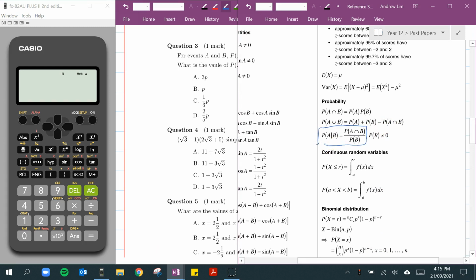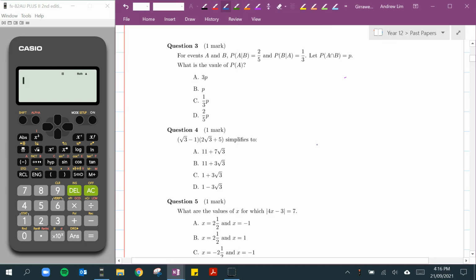So the probability of A given B is the probability of A and B over the probability of B. But I want the probability of A, so I'm just going to switch it around. So if the probability of B given A is the probability of B and A over the probability of A, which is 1/3, well, we know that the probability of A and B is P. So technically we've got P over the probability of A is equal to 1/3.